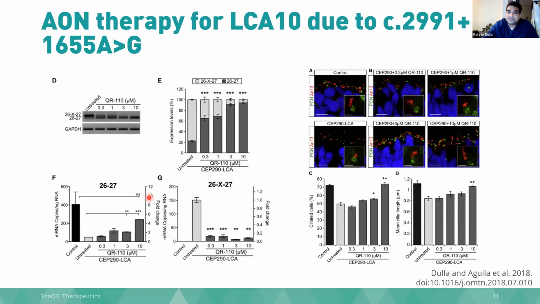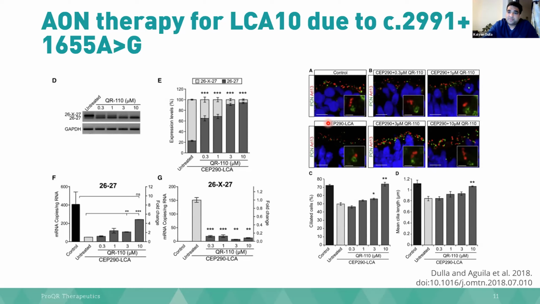We did the same analysis with accurate and quantitative ddPCR assays. Here also you could see that QR-110 increased the wild-type CEP290 levels in a concentration-dependent manner and decreased the levels of the mutant. We next looked into the effect of QR-110 on ciliation and cilia length.